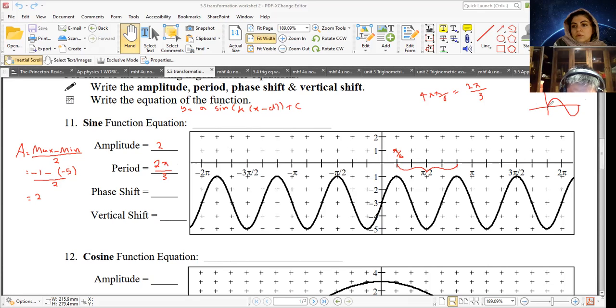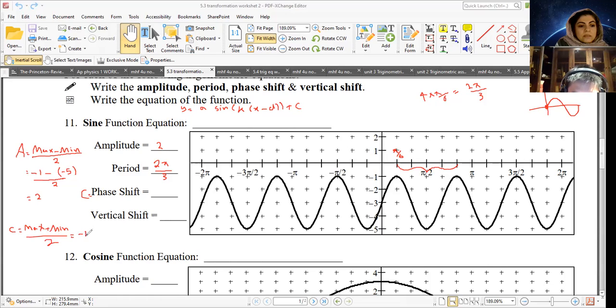Now phase shift. Since I know the sine starts with 0, I need to find that point. We got a vertical shift. Let's just do the vertical shift, which is C here, right? The amplitude is the distance between maximum and minimum divided by 2. Vertical shift is the midpoint. For a midpoint, just maximum plus minimum divided by 2 if you want to find the midpoint between these 2 points.